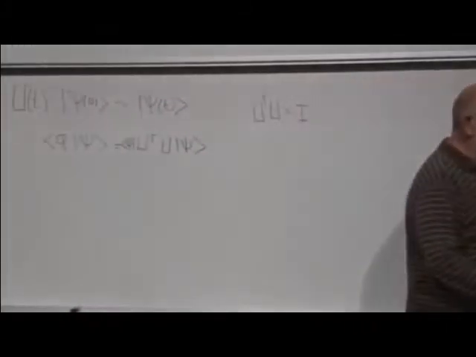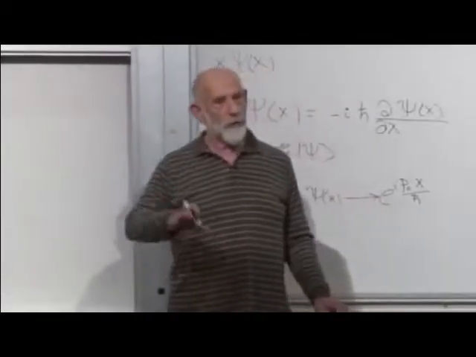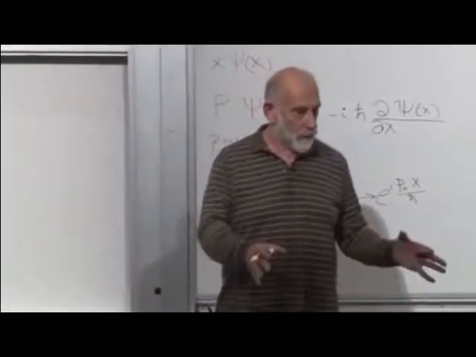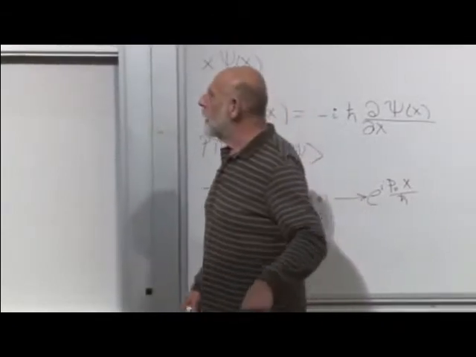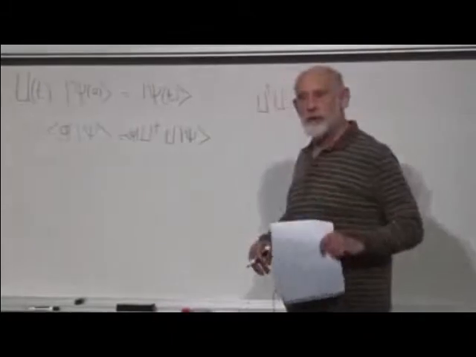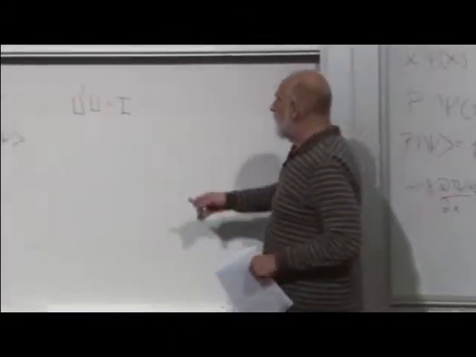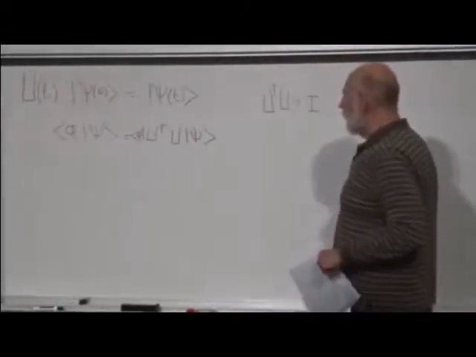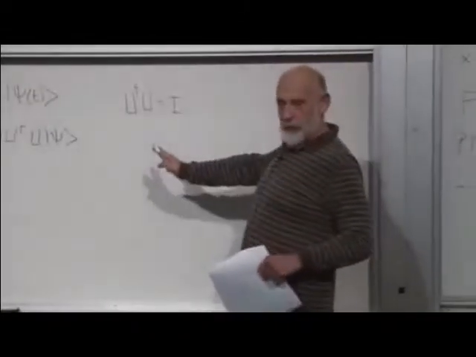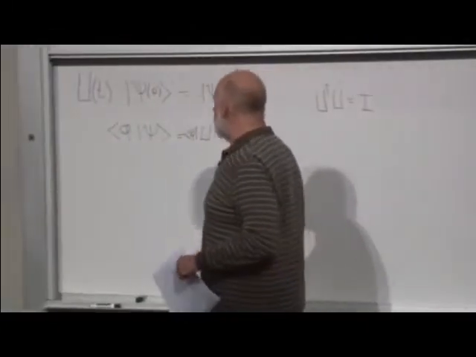In fact, all interesting transformations that you do on the space of states, and we're going to talk about others besides time evolution, all ways of transforming vectors into other vectors, are unitary. U dagger U is equal to 1. It's different than saying U is equal to 1, of course. U is a unitary operator. All right, let's pursue it.